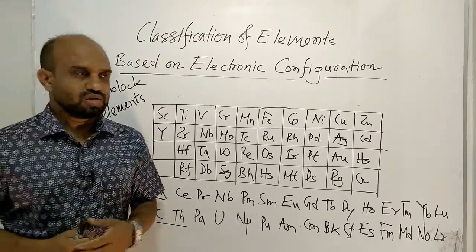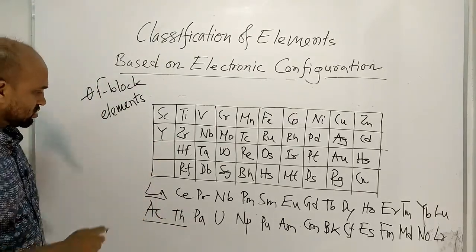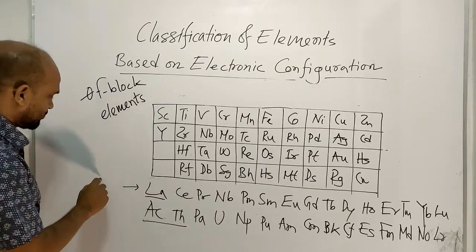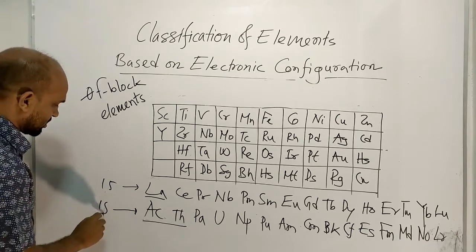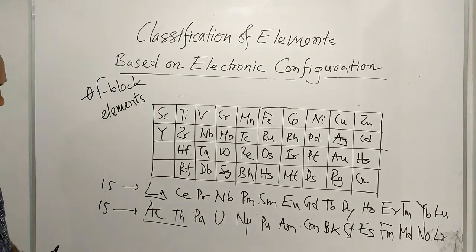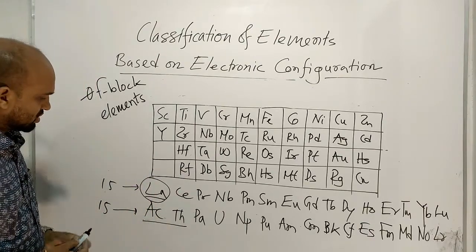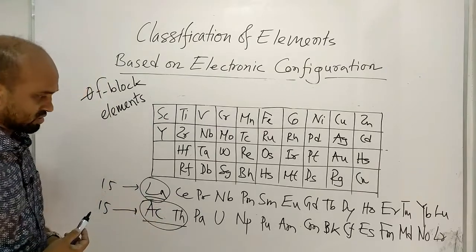Now the point is f block elements. Here we learned that this is the lanthanide series of 15 elements. This is the actinide series of 15 elements. From these 15 elements, lanthanum is a d block element, and from these 15 elements, these two are d block elements.